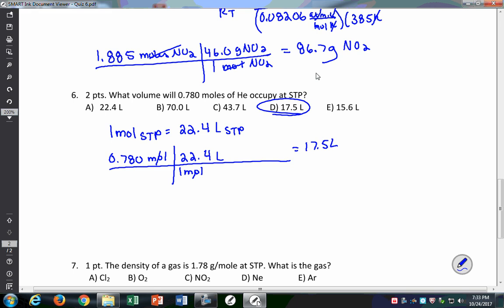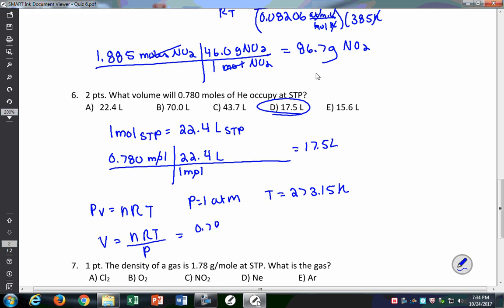If you didn't remember this number, and it was given to you on your sheet, but if you didn't remember this number, because it won't be given to you tomorrow, you can calculate this using PV equals nRT, because again, volume is just equal to nRT over P. And you know pressure at standard temperature pressure, it's 1. You know temperature, it's 273.15. So therefore, you know the moles, you can calculate volume.